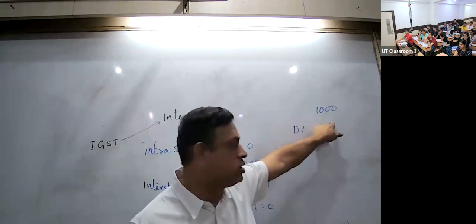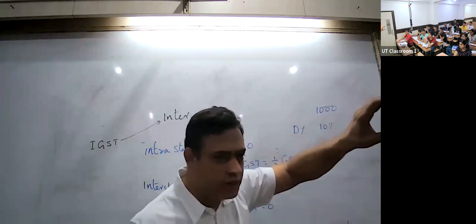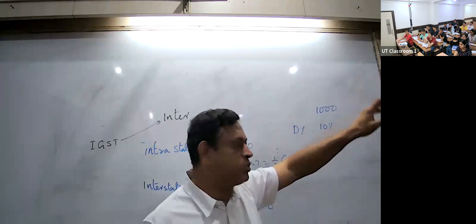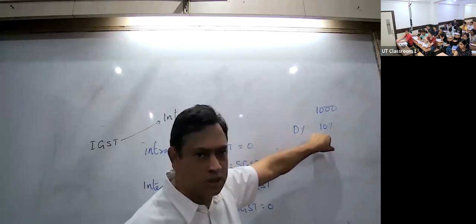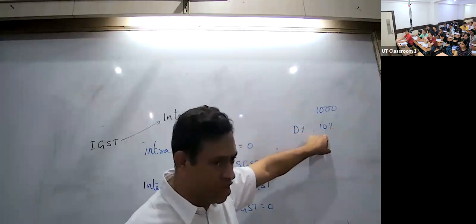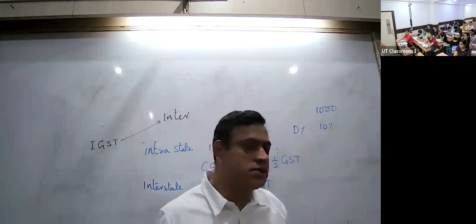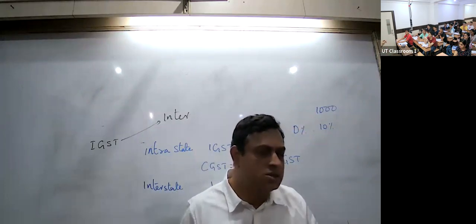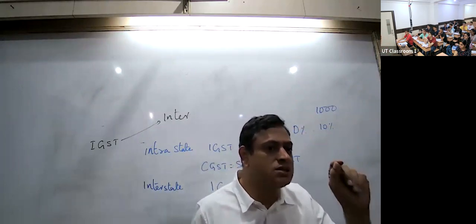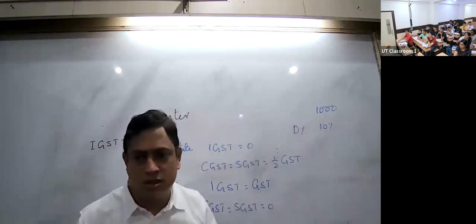Don't confuse the words. 1,000 rupees is the marked price or list price, MRP or printed price. Now, what is this 10%? Discount. What is the meaning of discounted price? Discounted price is the same as selling price.